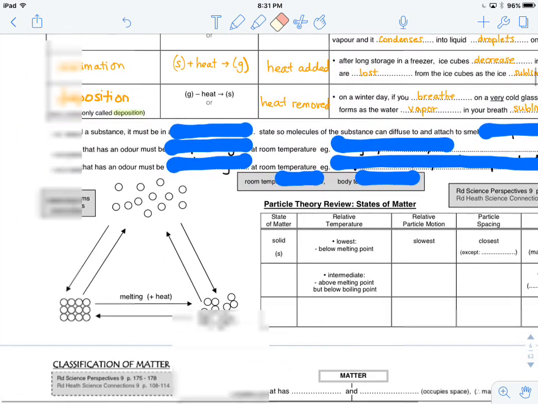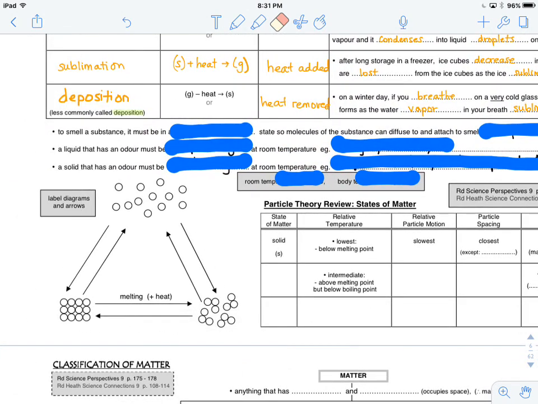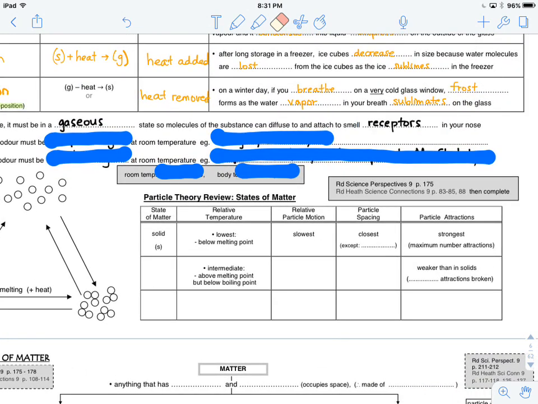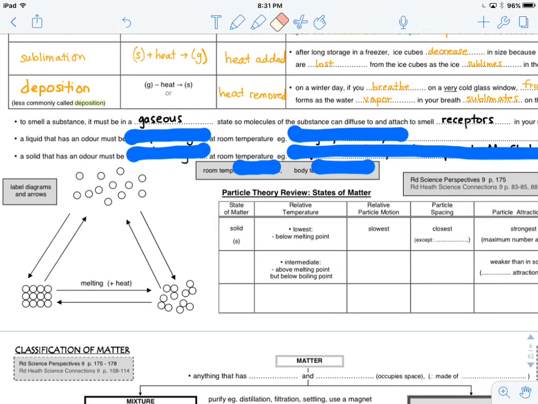So a few notes about this. In order to smell a substance, it must be in a gaseous state, so that those molecules of the substance can diffuse and can attach to smell receptors in your nose. So if you smell something, that means that it's present in a gas state.